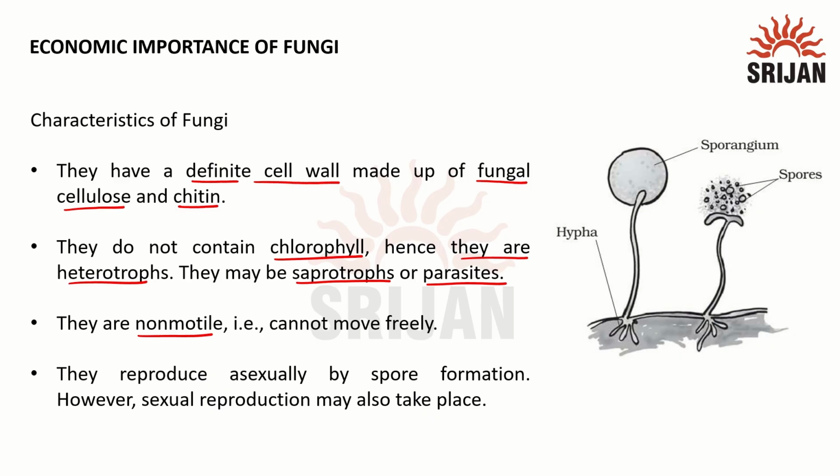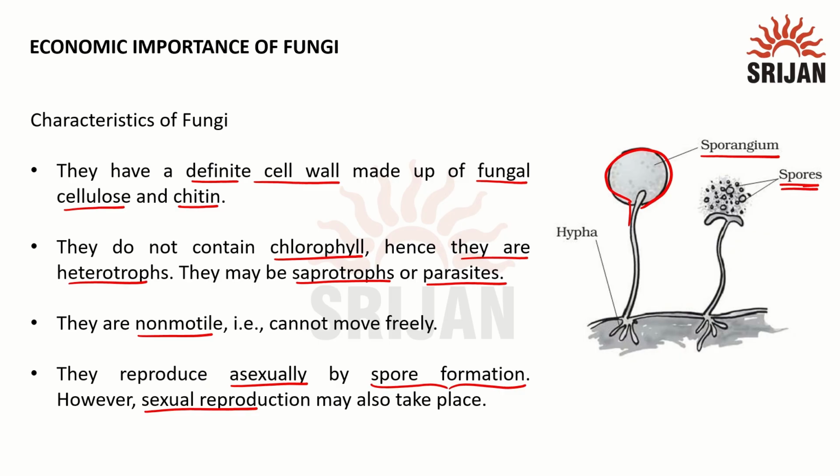Now, if we see the reproduction part, they can reproduce both asexually and sexually. Asexual reproduction is by spore formation. So, if you see, this is the spore-containing structure known as the sporangium. When the spores are mature, it will burst and the spores will be released. So, the mushroom is the fruiting body.